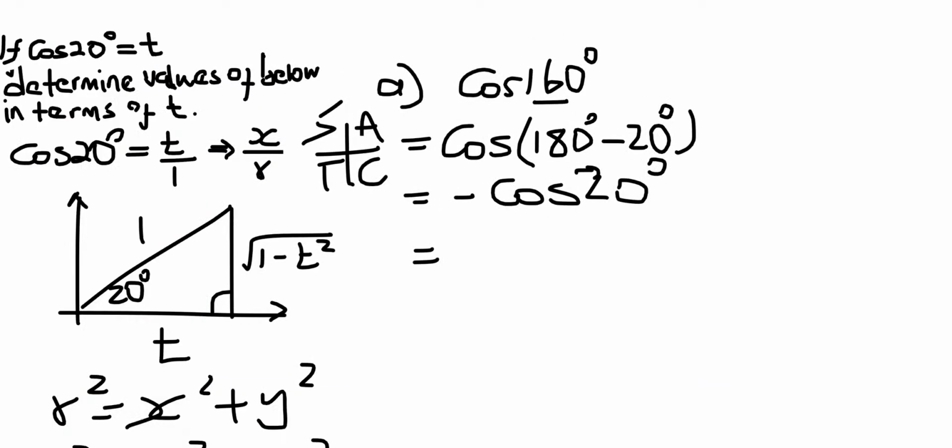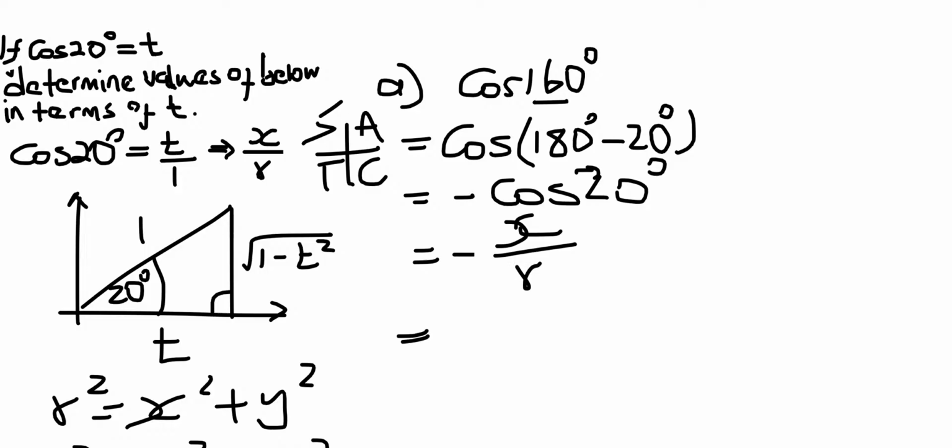So according to that right angled triangle, my cos 20 degrees will therefore be negative. What is the ratio for cos of that 20 degrees? It will definitely be x over r.